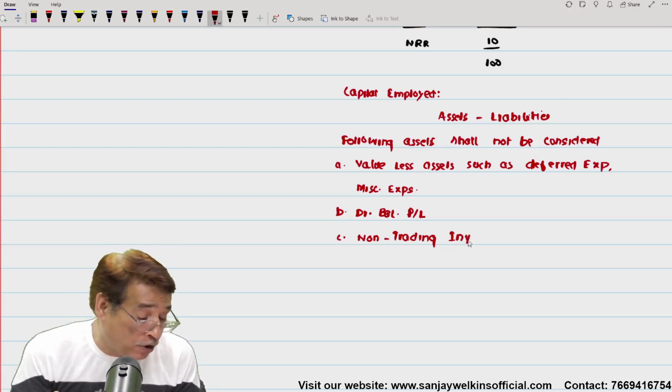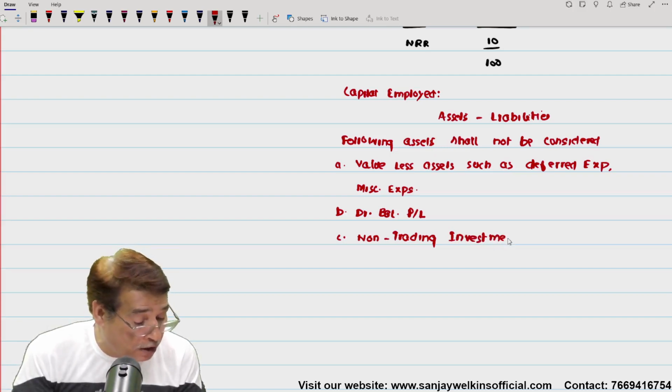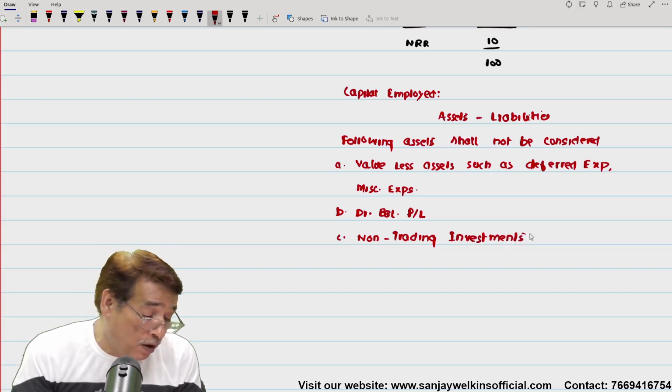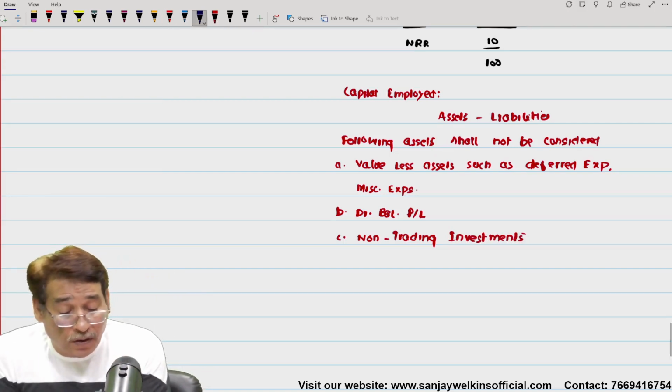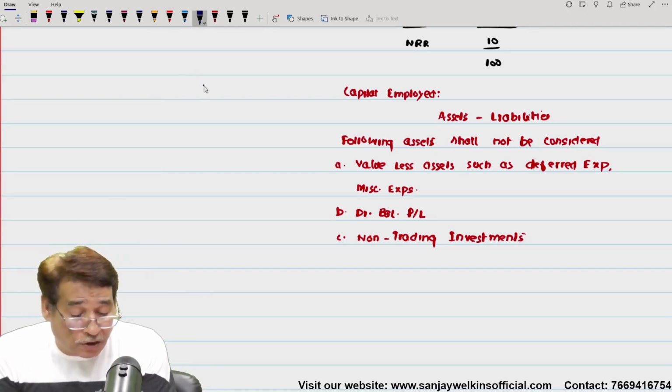Now the main question is how you will come to know that investments are non-trading. Suppose this is the balance sheet of a particular company.